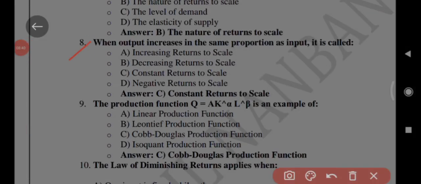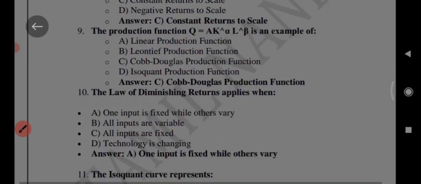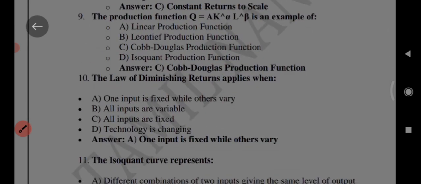When output increases in the same proportion as input, it is called option C, constant returns to scale. The production function Q equals A K^alpha L^beta is an example of option C, Cobb-Douglas production function.